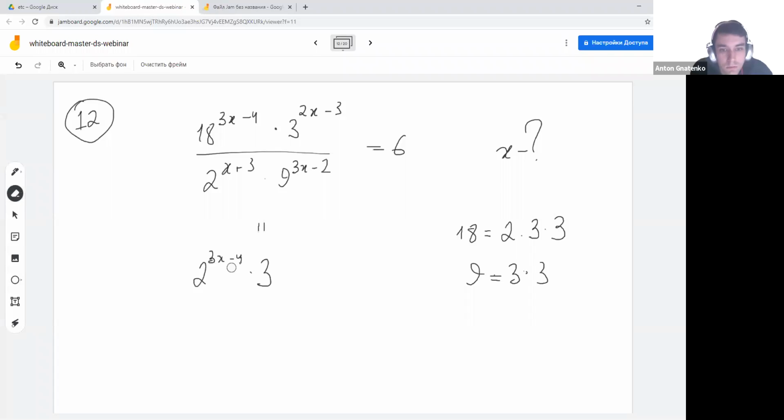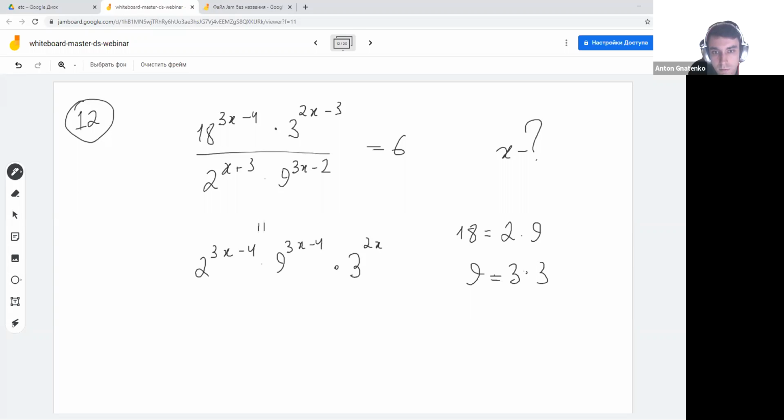Or maybe I'll not do that yet; maybe I'll just use 9 here. So let me see. 18 is 2 times 9, which means that I can rewrite it like this, times what was there before. And now some of these 9s can be cancelled.